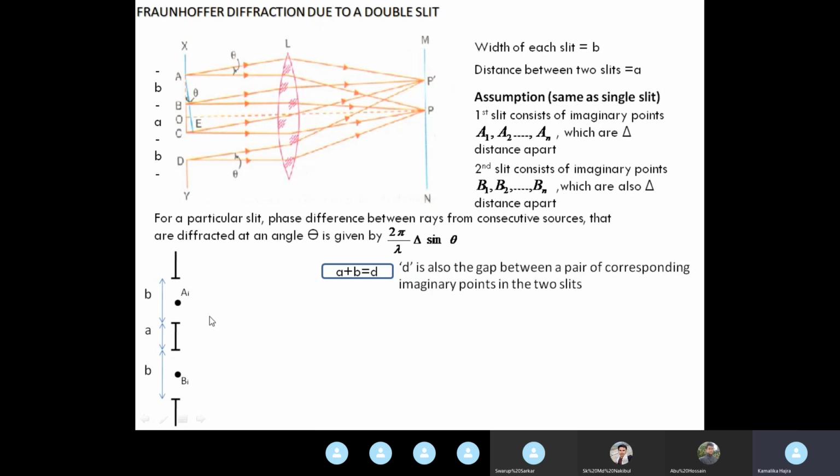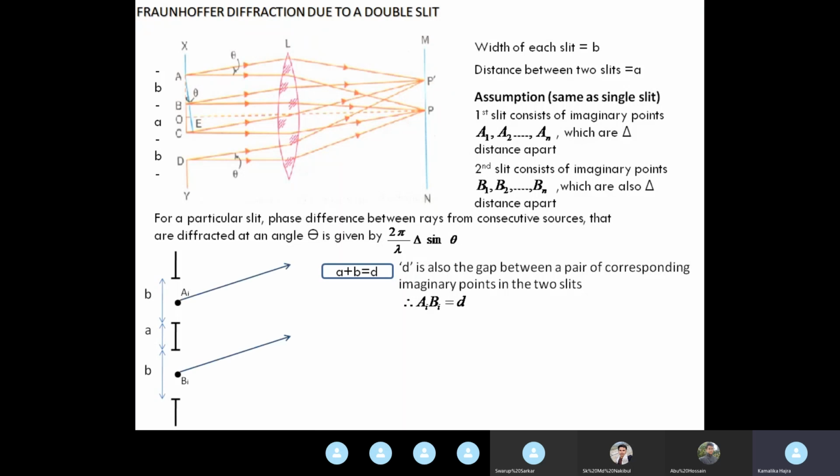All right. So D is equal to A plus B, and we must also realize that for every corresponding pair of imaginary points in the two slits, the distance between two such points is also D. Okay, that is AI BI equal to D. All right.